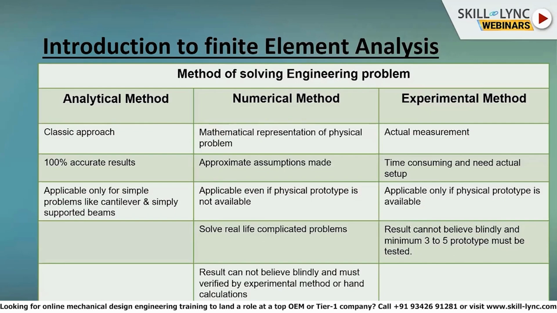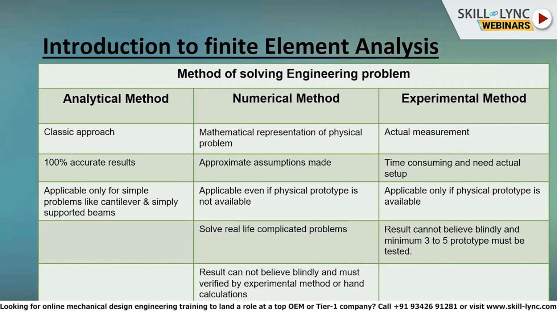When we say it is approximate, it means there are assumptions we take into consideration, like material or boundary conditions, but those assumptions are very close to real life problems. So though we have some assumptions, we can still trust those results. It is applicable if a physical prototype is not available; we can have the CAD model and solve that.